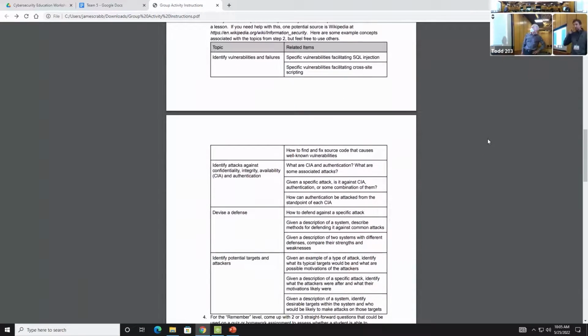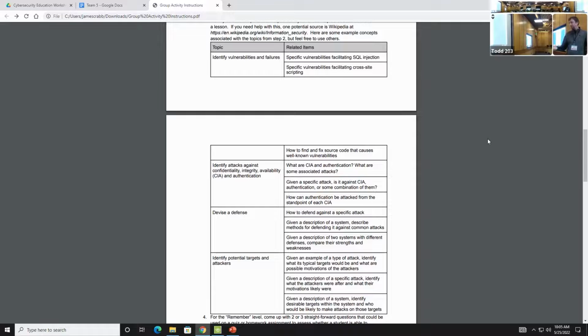These are some examples. These are topics from the CCI list, the list of important topics identified through their expert panel. I think I just put the top 5 here. They are: identify vulnerabilities and failures, identify attacks against CIA, and authentication. These are a bit general, so we choose a broad topic, but then a couple of related items within those that are more specific that we can actually come up with questions for.